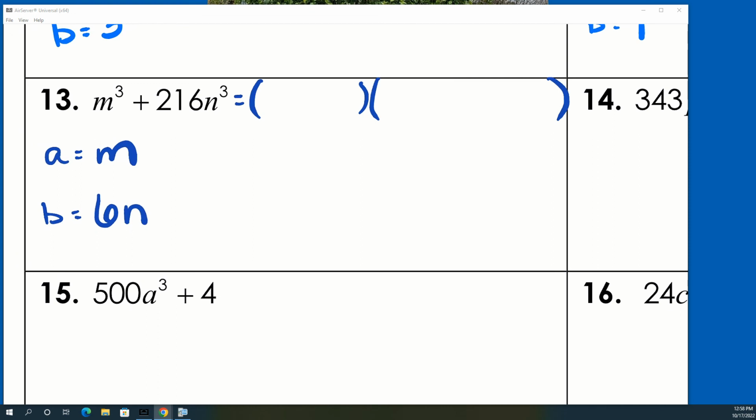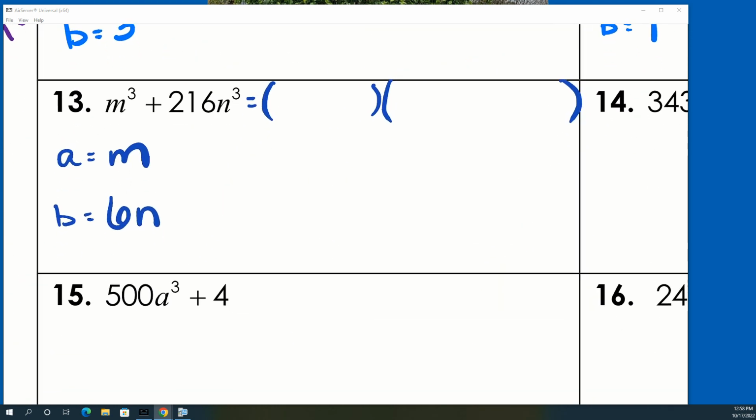Right, and then we have small set, big set. The small set is just a plus b, so you just bring these up with the plus sign. All right, then we're going to square m, which is m squared.